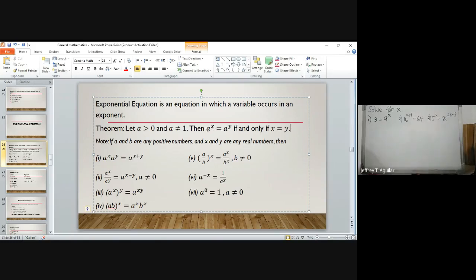That's why from this equation, it will be x equals y. And this is actually vice versa. If you have x equals y, this can also be written as a to the x equals a to the y. It's because of the term if and only if. This is biconditional.